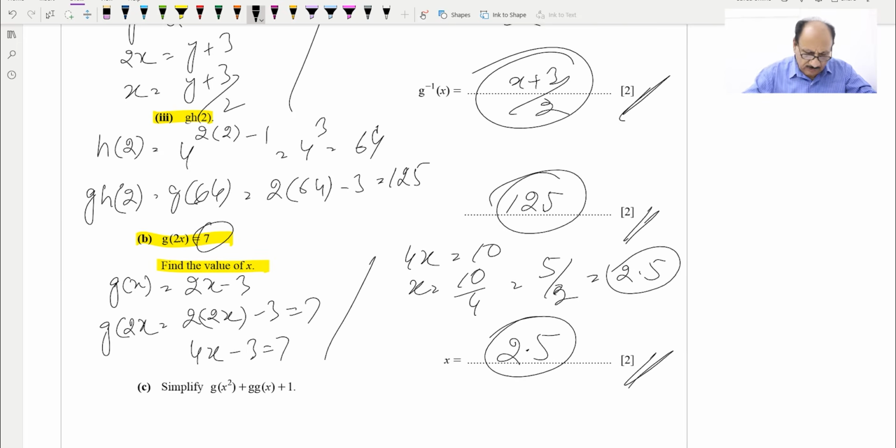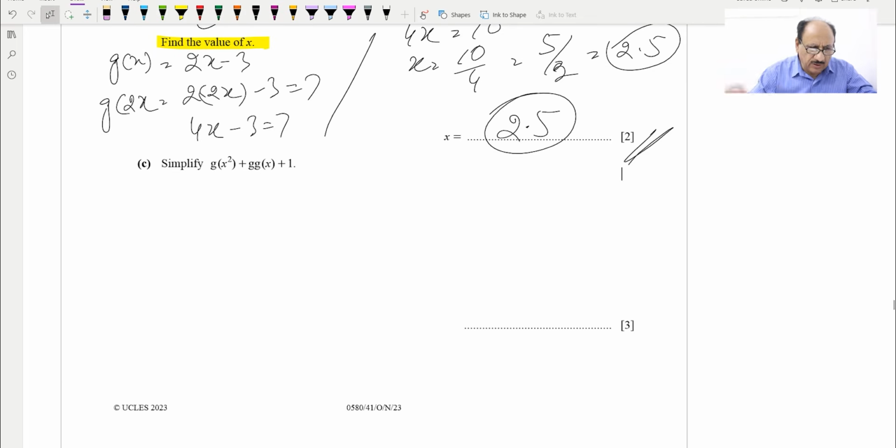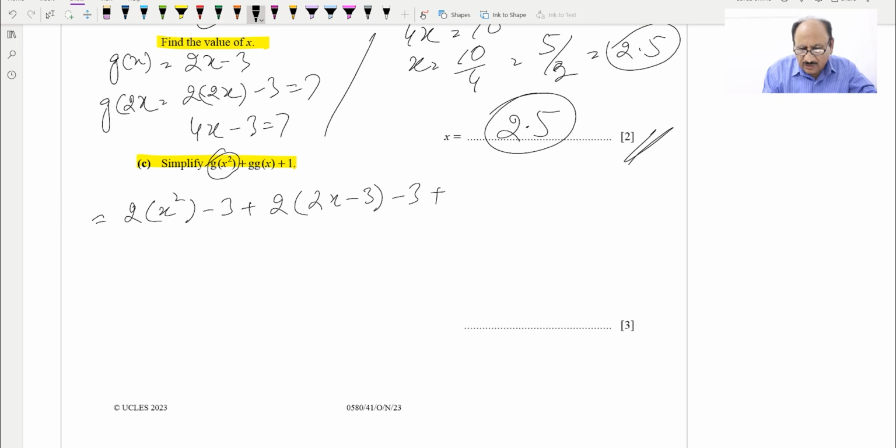Now next part they are saying simplify g of x square plus g of x plus 1. So g of x square will be what? g of x is 2x minus 3. So x will be replaced by x square, giving 2x square minus 3. This will be g of x square. Now g of x. So we can write plus 2 into 2x minus 3, and plus 1.